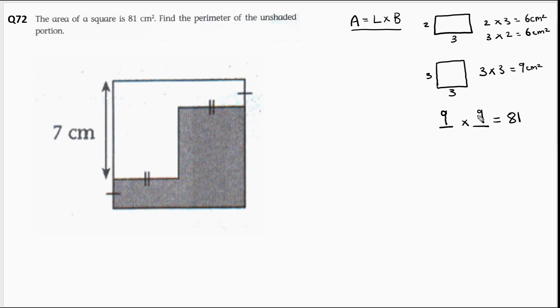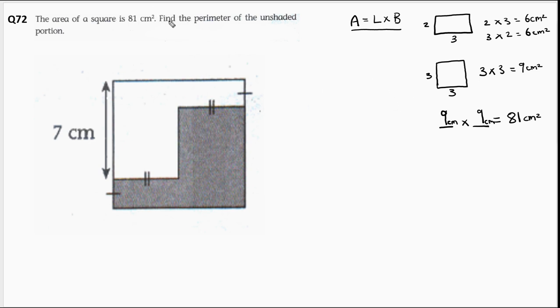And if this is 81 centimetres squared, then each length of this square must be 9 centimetres. We will put that on here in a moment.